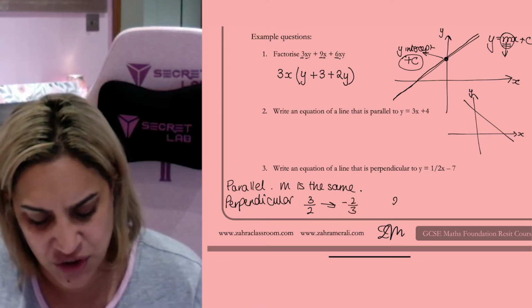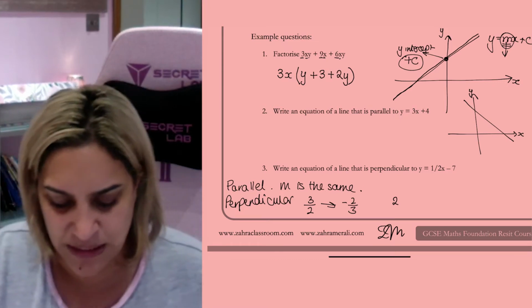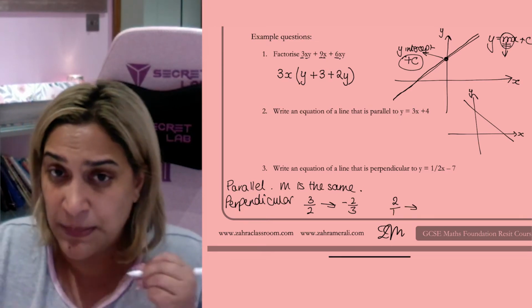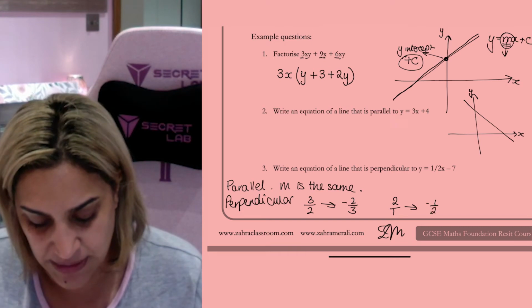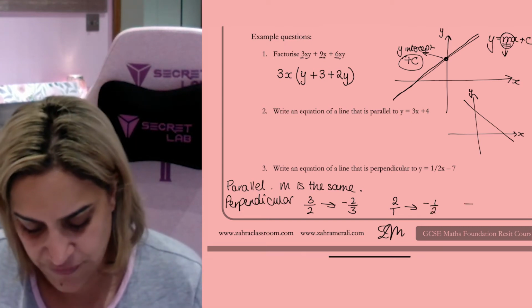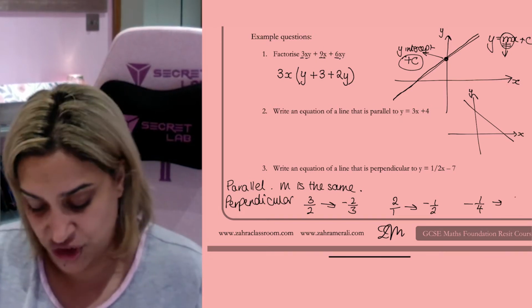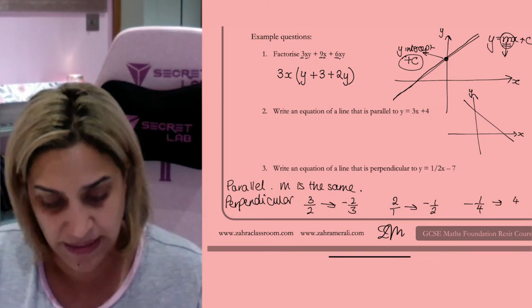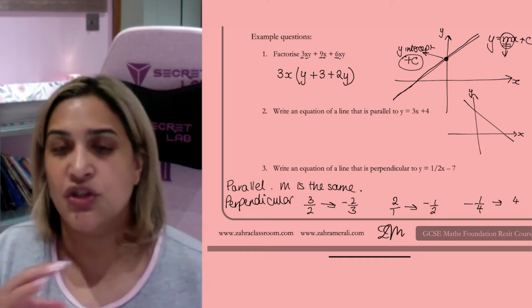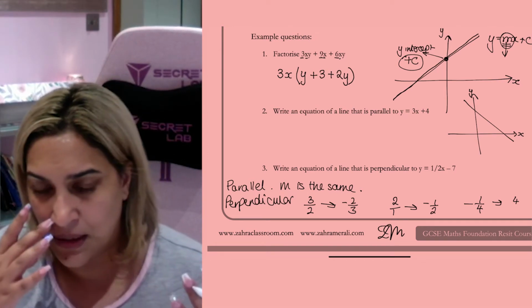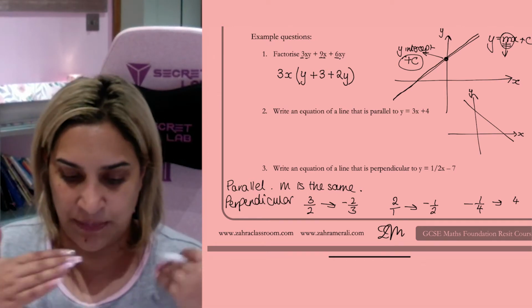If it was just 2, now you imagine that 2 as being 2/1, you'd flip it round to make a half and stick a minus. If it was -1/4, you'd flip it round, which gives you 4/1, which is just 4, and change it to a positive. So that's how you think about gradients and parallel and perpendicular.